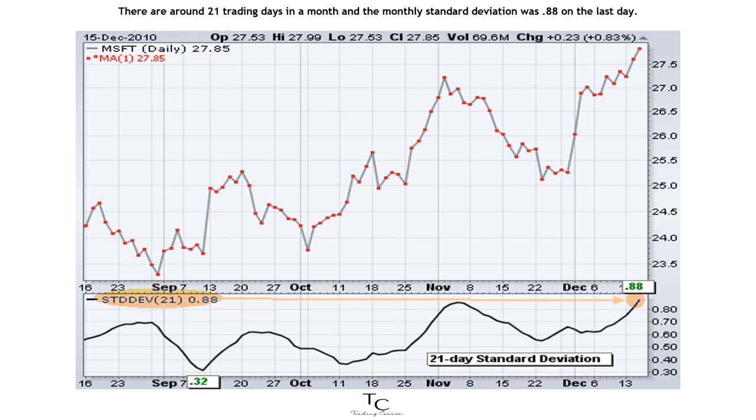There are around 21 trading days in a month and the monthly standard deviation was 0.88 on the last day.